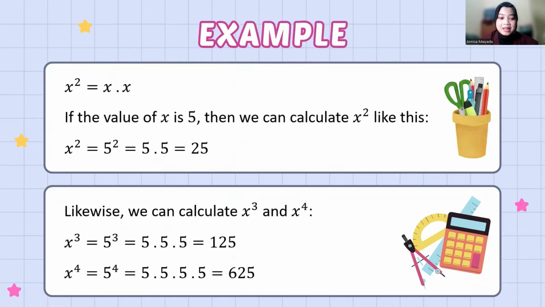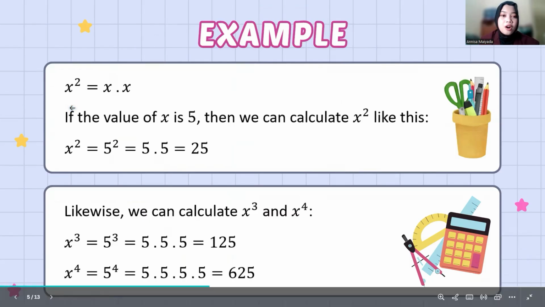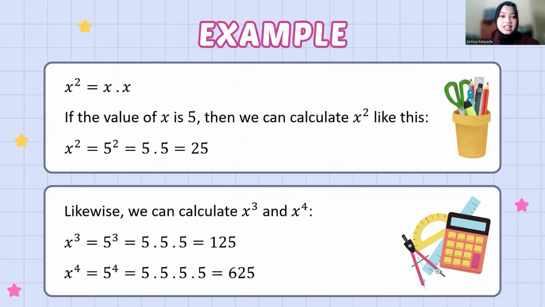Okay, next example. x to the power of 2 equals x times x. If the value of x is 5, then we can calculate x to the power of 2 like this. x to the power of 2 equals 5 to the power of 2 equals 5 times 5 equals 25.